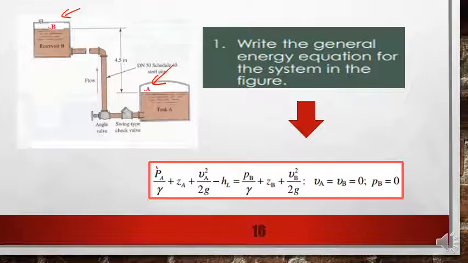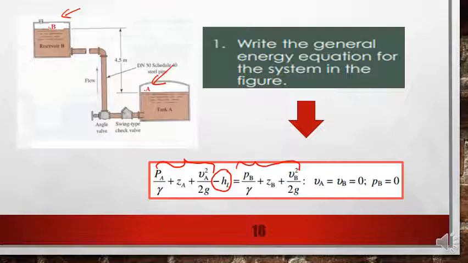This is the Bernoulli equation involved between A and B. At the end it's basically like this, but we have to consider the energy loss. That's why here we include minus HL, because the losses along the system contribute to the energy loss.